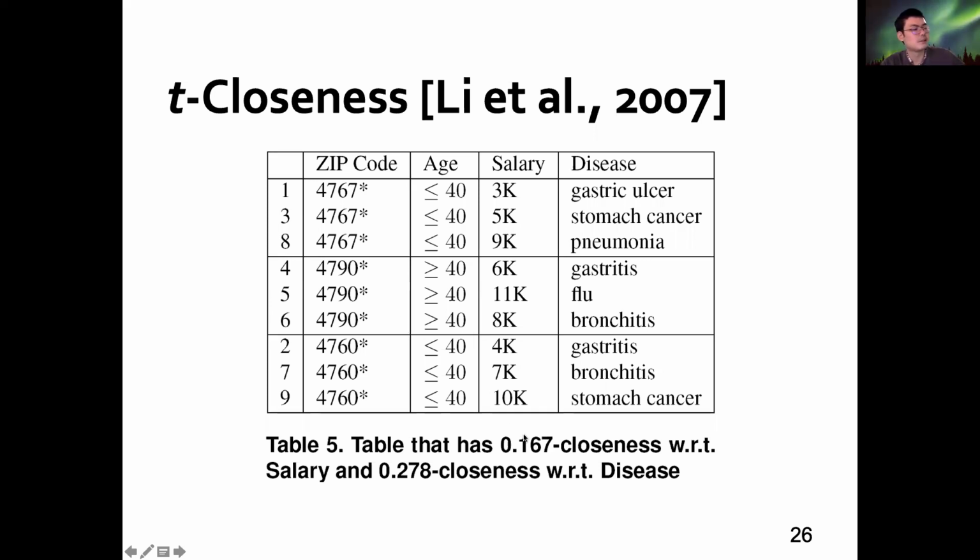You can see that regarding salary, this T is small, and regarding the disease, this T is a little larger. For salary, each group has something at the low end and something at the high end, so the distribution is quite similar to the entire table. You have 3, 4, 6, which is relatively low, and 9, 8, 10, 11. When you zoom into this group, the distribution is not too far away from the entire distribution.